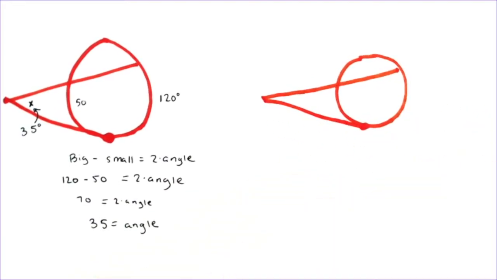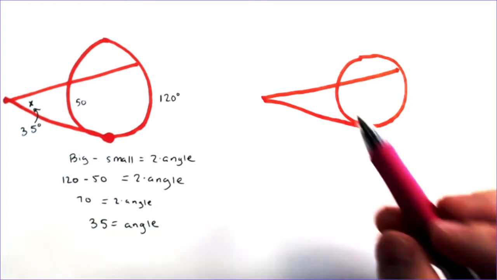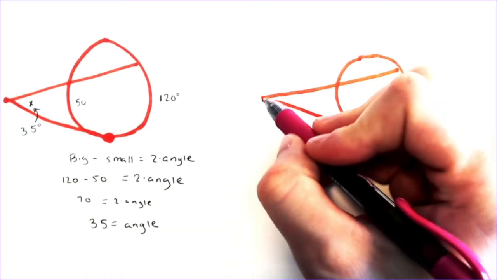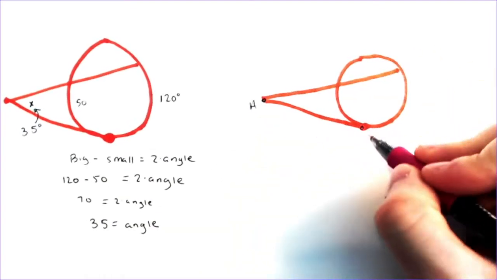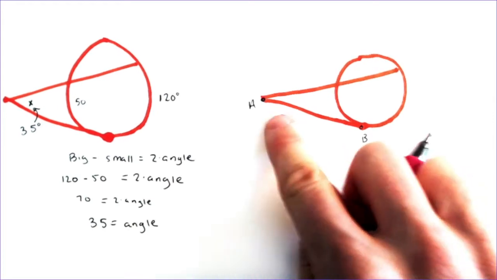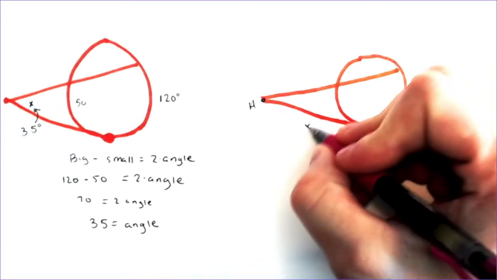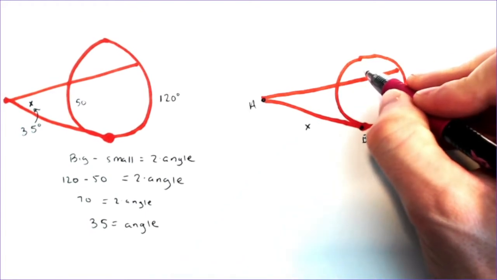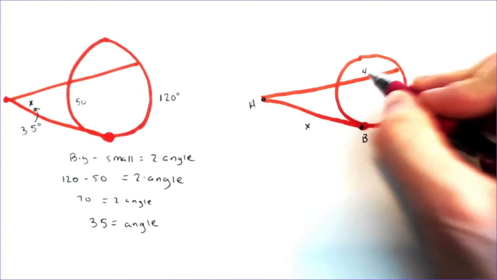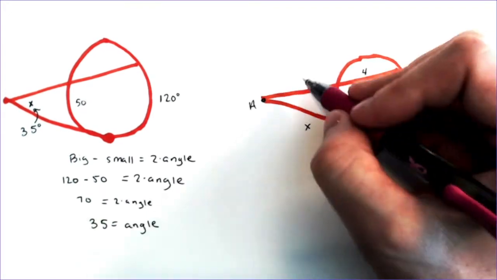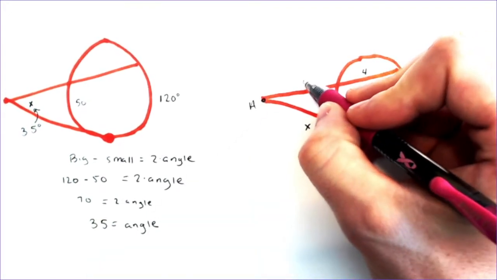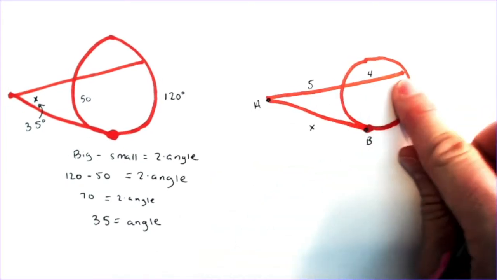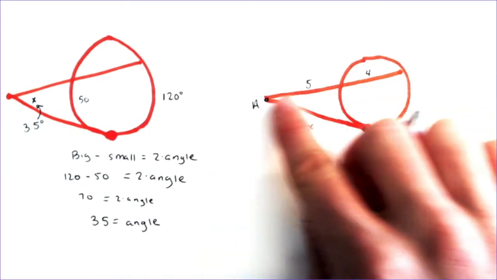If this were the case, and instead of looking for the angle measurement, if we were looking for the length of this tangent from, we'll call it A to B, if I wanted to find the length of AB, and we called that x, and we knew that this part right here was 4, and we knew that this part right here was 5.